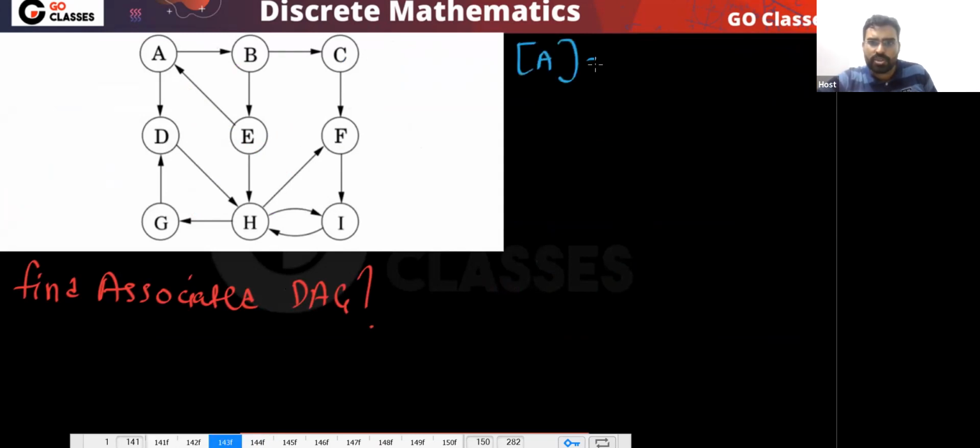Let's find out the strongly connected component of A. So A will be there. What else? You can notice this cycle. So A will be there, B will be there, E will be there. Can I add C? From A to C you have, but can you go from C to A?